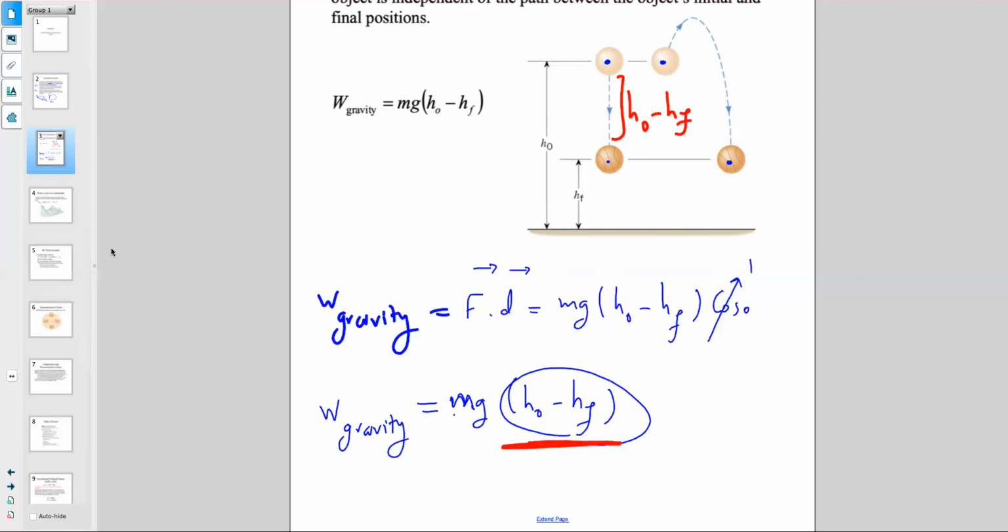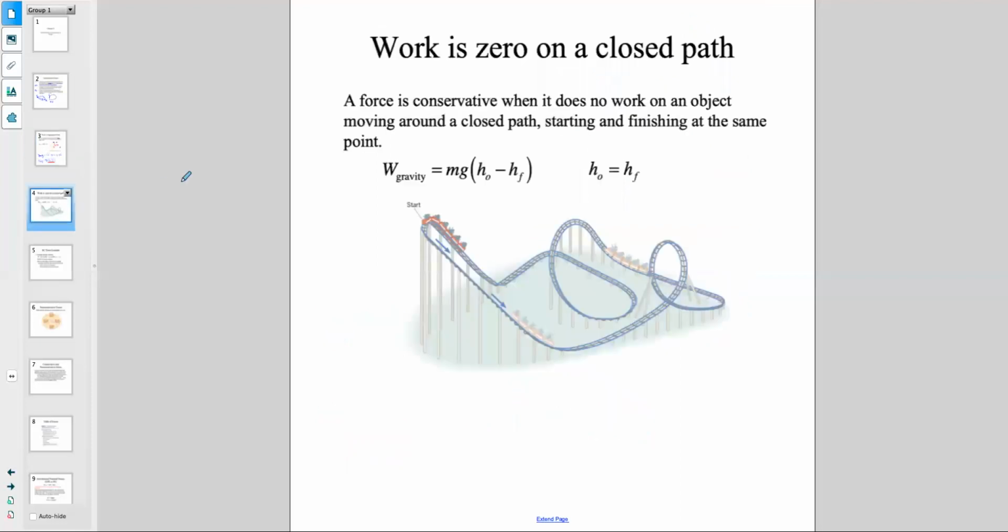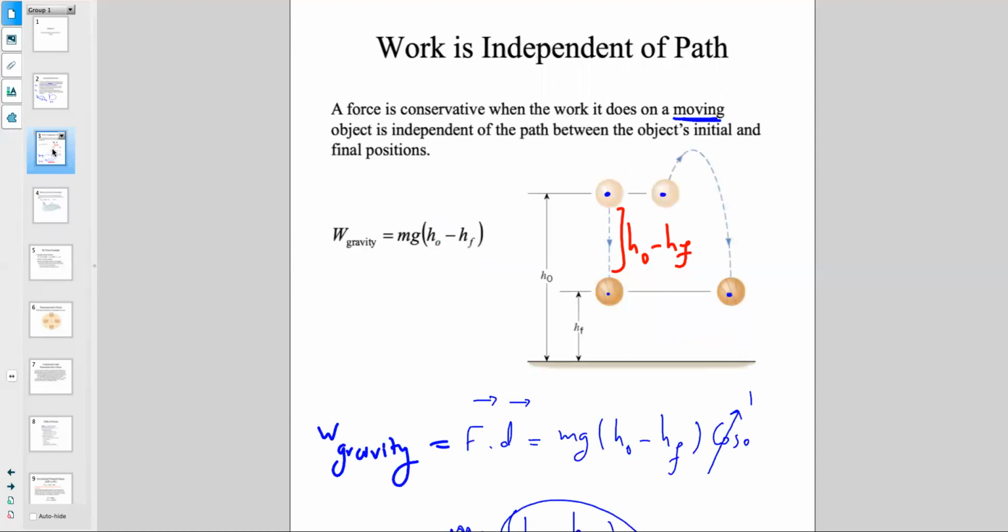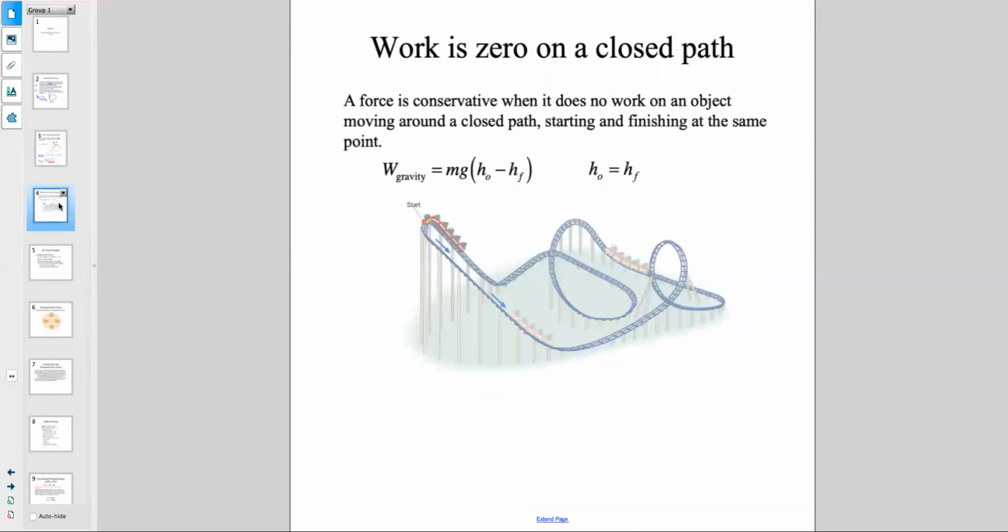So work is 0 on a closed path. If the initial height and final height are the same, for example with a force like gravity, then the total work done is 0, because if h initial minus h final is 0, it means the object has come back to its initial position, just like a roller coaster here.